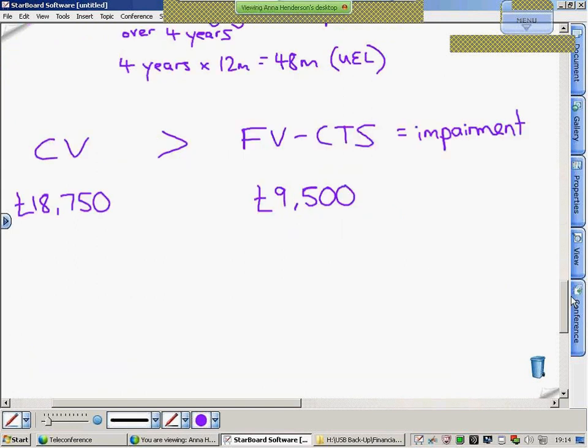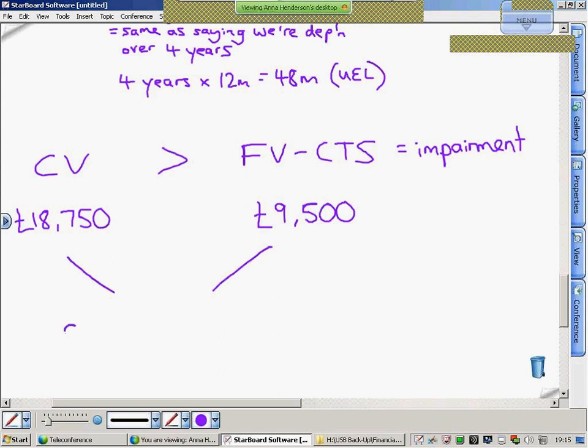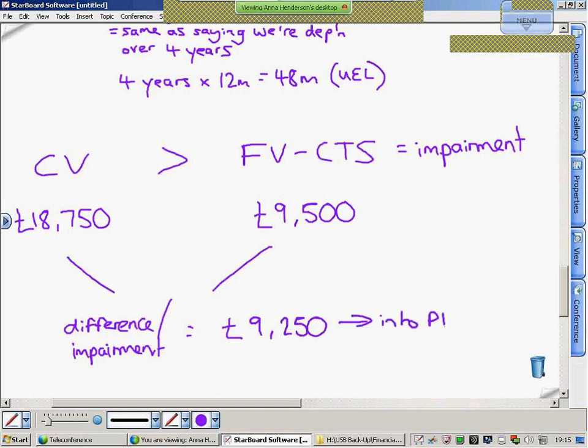So if we now compare 9,850 and 9,500, the difference, or impairment, between those two is 250. So that's what goes into the PP&E note. Extra depreciation, essentially.